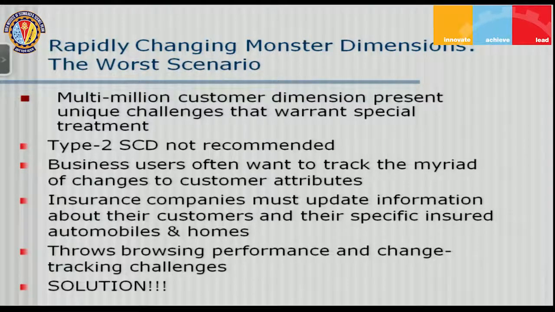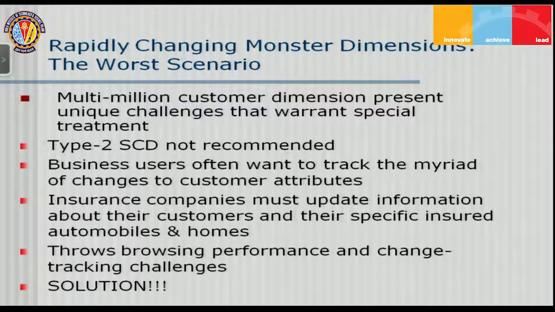It is not that we don't want to track the changes. Business users often want to track them, even if there are multiple changes. For example, insurance companies must update information about their customers and their specific insured automobiles and homes, and they should see what kind of changes have happened between the time they bought the policy and the time they are making a claim.